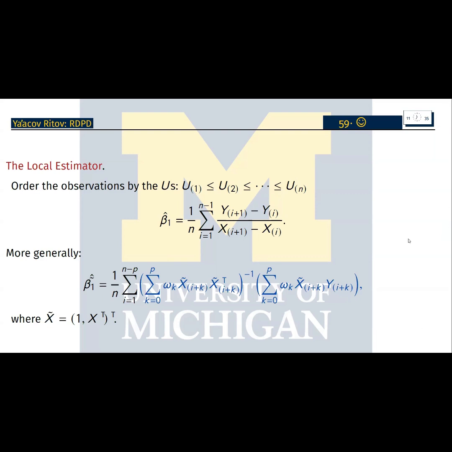This is, of course, a very noisy estimate, but I'm looking at the expectation, and the expectation is going to work quite nicely. And more generally, I would look at a neighborhood and do a weighted least squares, but this is a technicality. The main idea can be seen here.